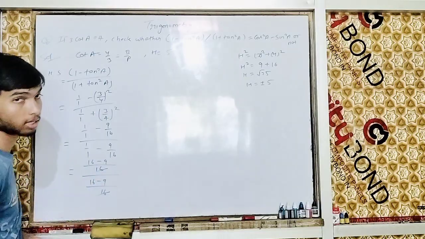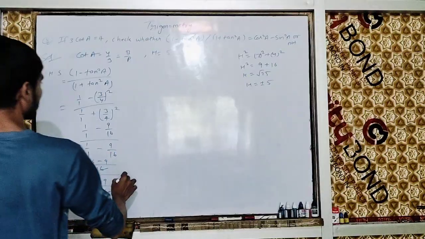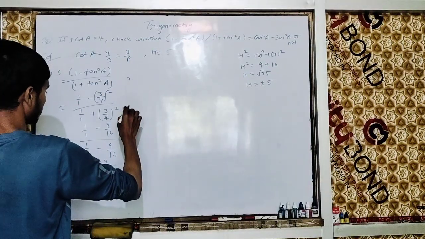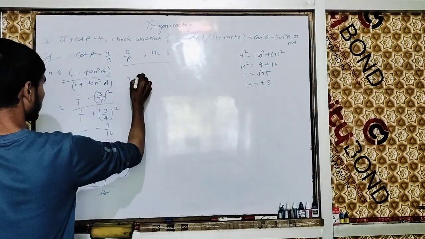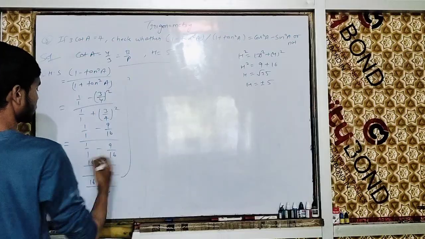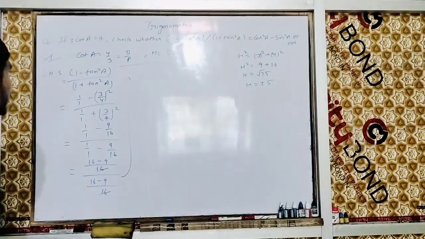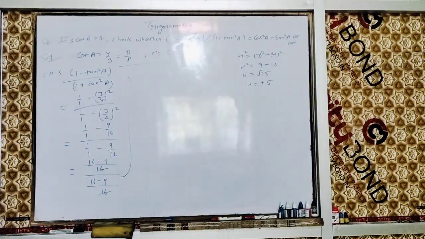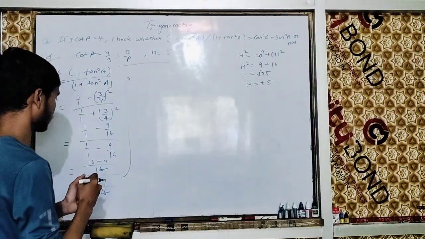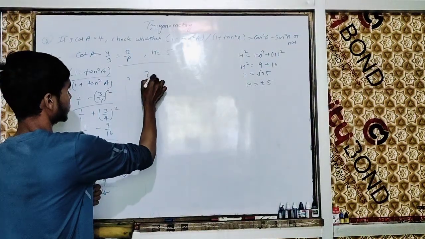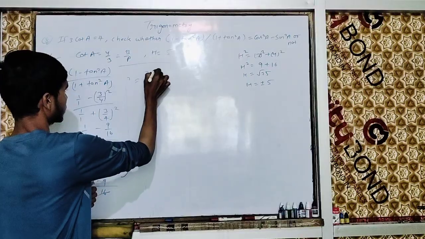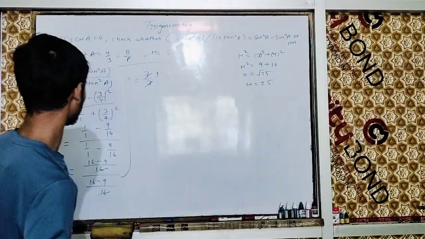This 16 will cancel with the other. 16 minus 9 would be how much? I think 7 upon 7. It is coming 1. Is it correct?